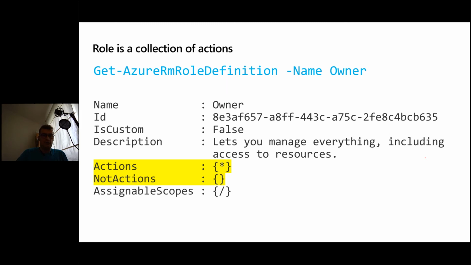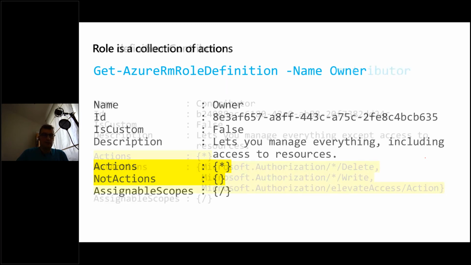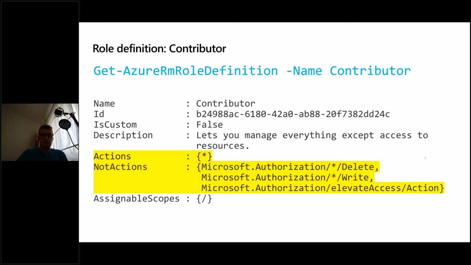We see that all actions are defined here for the owner. And for the contributor, it lets you manage everything except access to resources. So we see that contributor has the Microsoft.Authorization resource provider excluded. So it can do everything everywhere, and to all the scopes.